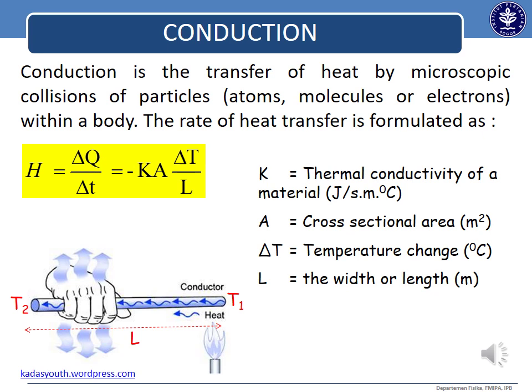The rate of heat transfer in conduction is formulated as H equals ΔQ over ΔT, and linearly depends on the type of material or thermal conductivity k, linearly depends on the difference of temperature ΔT, is inversely proportional to the length of the object, and proportional to the cross-sectional area of the object.